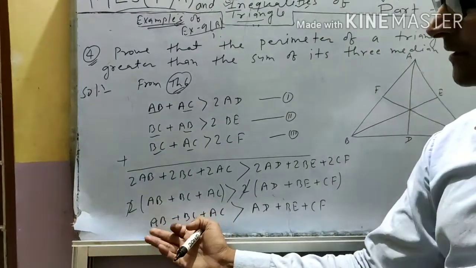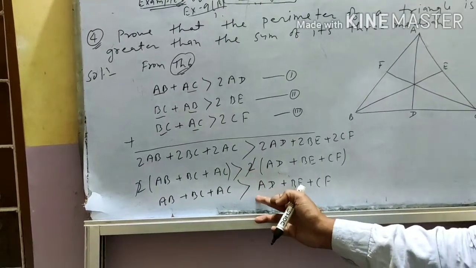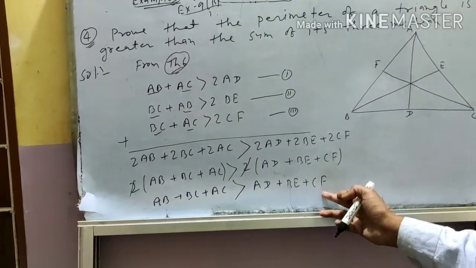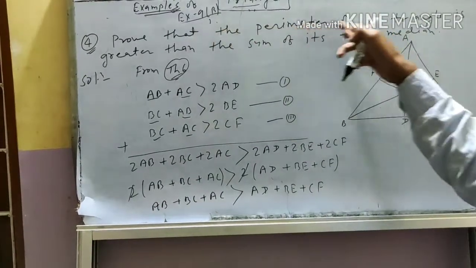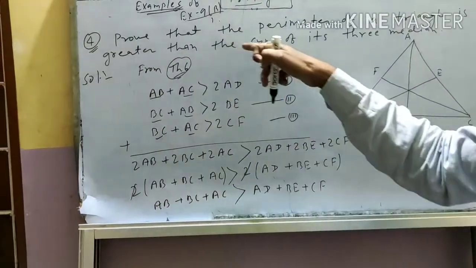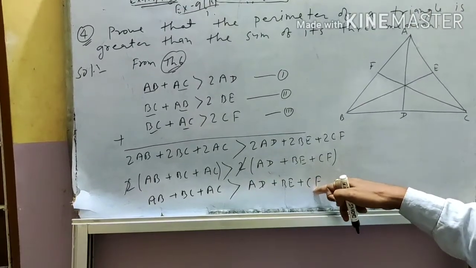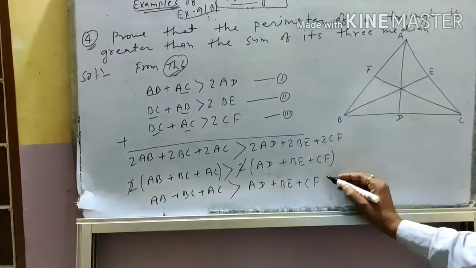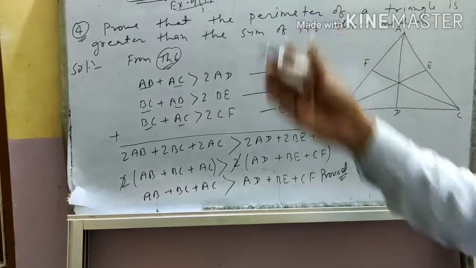That means the perimeter of a triangle is greater than the sum of its three medians. So according to the question, this is your proof. Okay student, I hope you will understand this question.